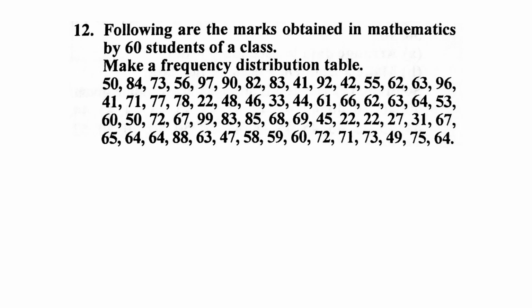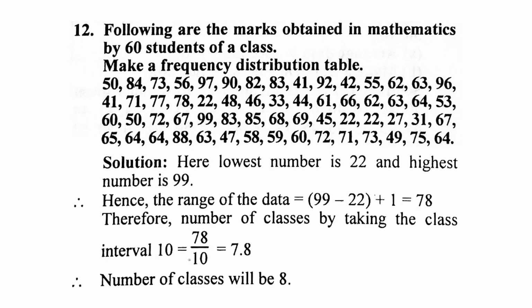You have to make a frequency distribution table. At first, find the lowest number and the highest number. Then, find the range of the data and the number of classes.